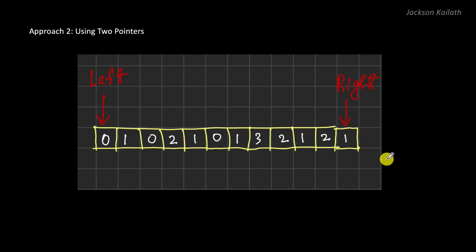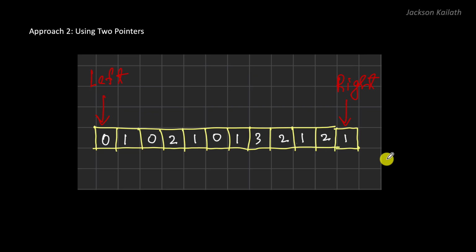For the previous approach, the time complexity was O of n, and the space complexity was also O of n, because we used 2 auxiliary arrays. But over here, using 2 pointers, we'll be able to do it in O of n time complexity and constant space complexity. So let's get started.